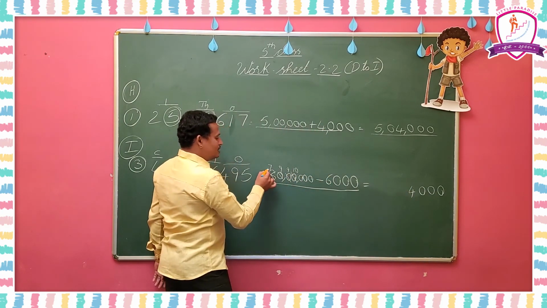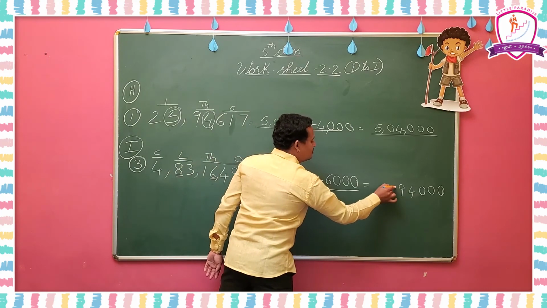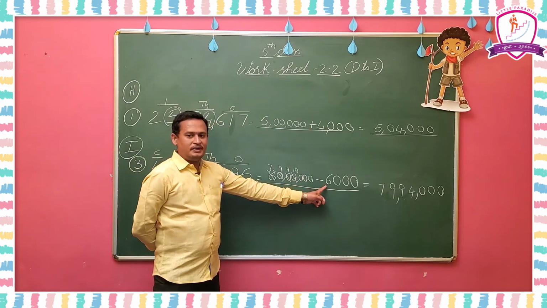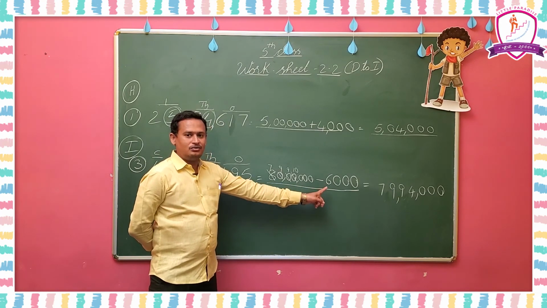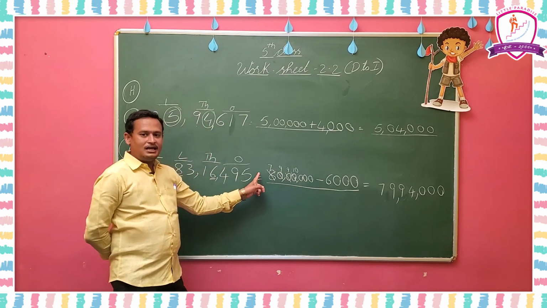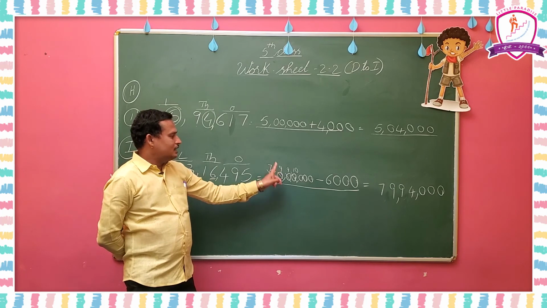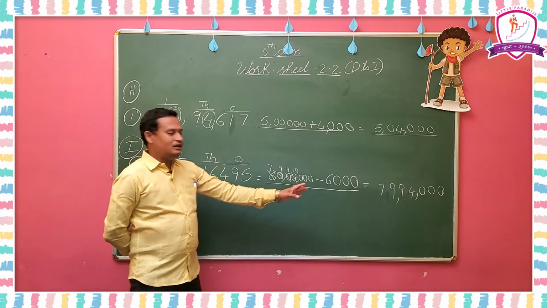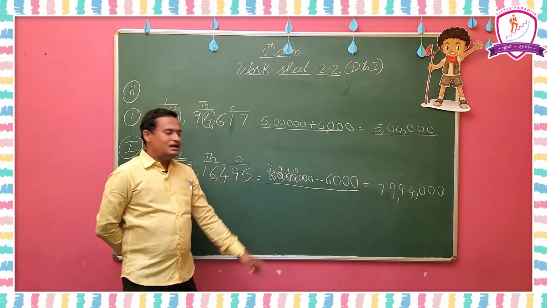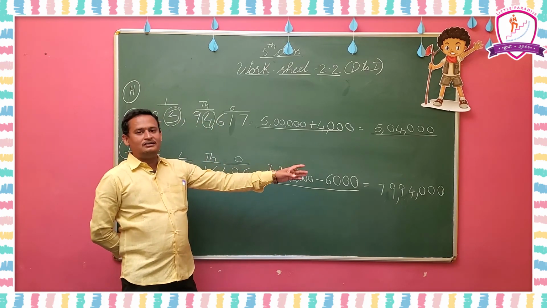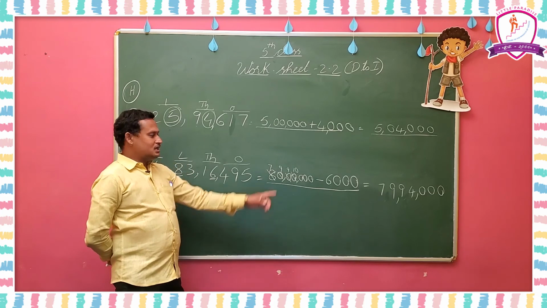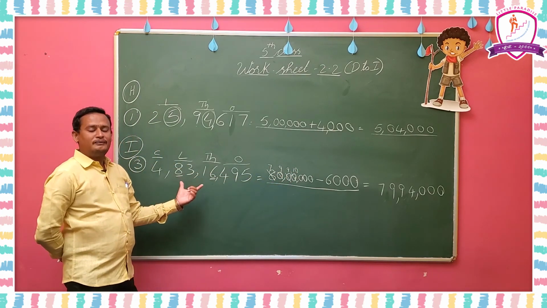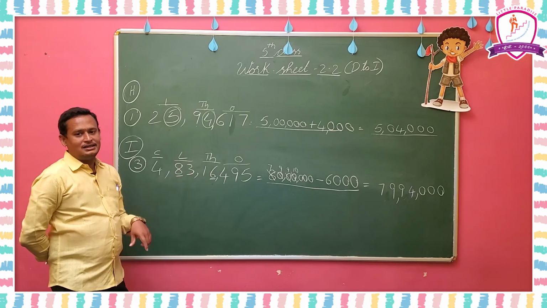Here 997 are there, you can copy that number 997, because no numbers are there to subtract. So we can write 79 lakhs 94,000 as the answer. This is the difference of the place values of the underlined digits.